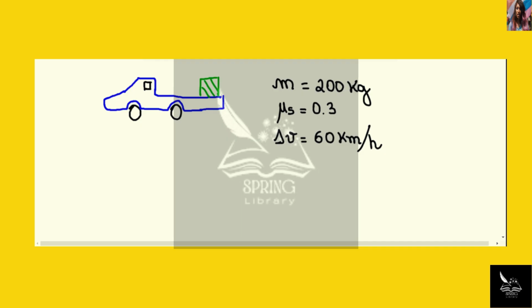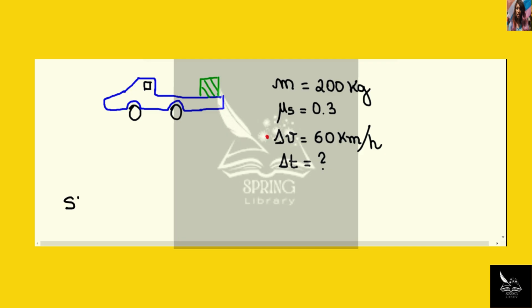The coefficient of static friction between the flat bed of the truck and the crate is equal to 0.3, and we want to know what is the shortest amount of time delta t that it can take for the truck to go from rest to the speed of 60 kilometers per hour, so delta v is equal to 60 kilometers per hour, such that the crate does not slide at the flatbed of the truck.